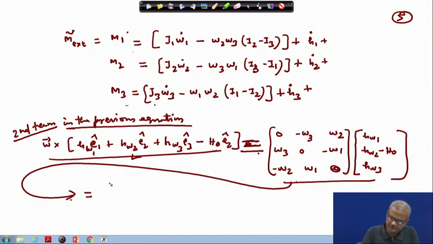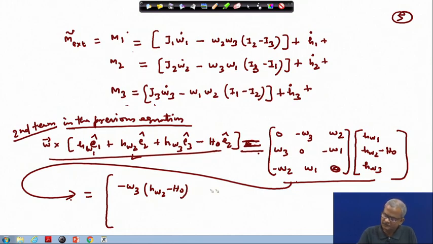So, this becomes equal to minus omega 3 times (H w2 minus H0) plus omega 2 times H w3. Okay.